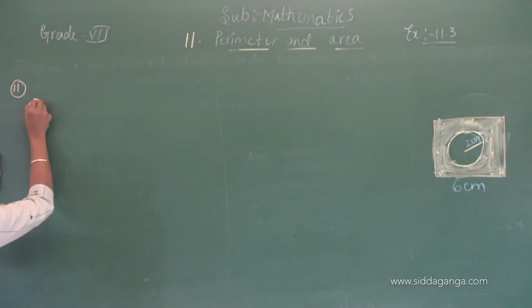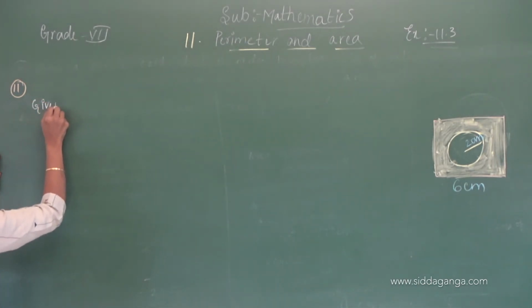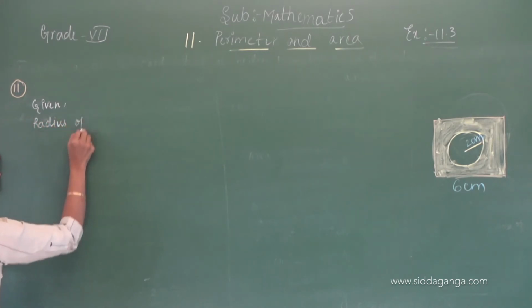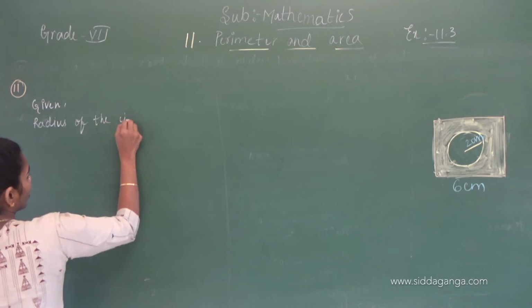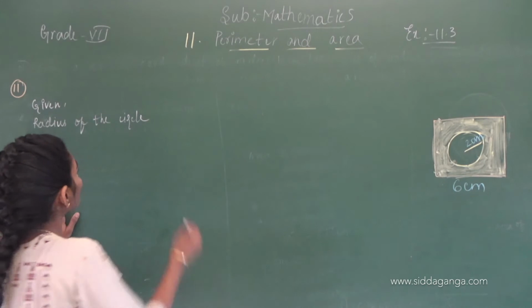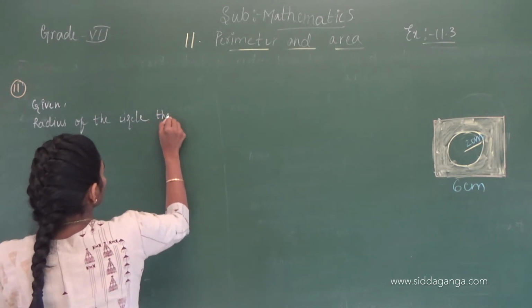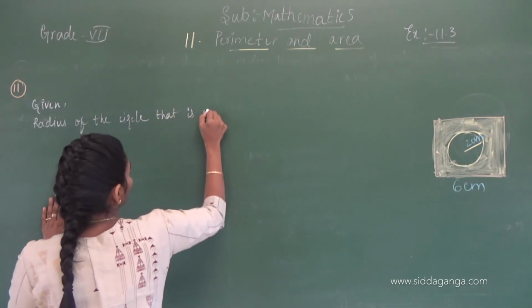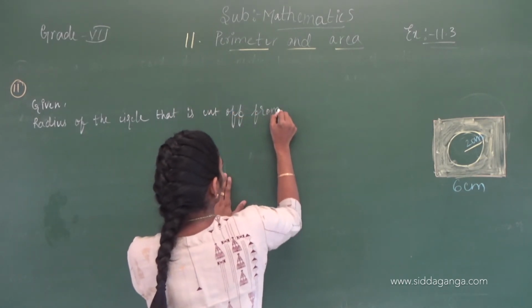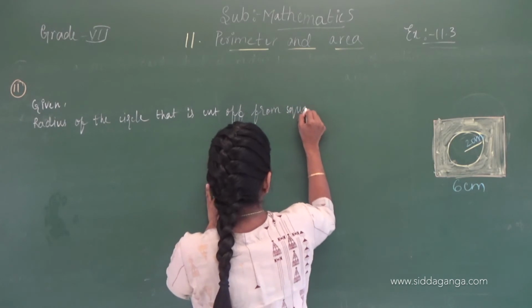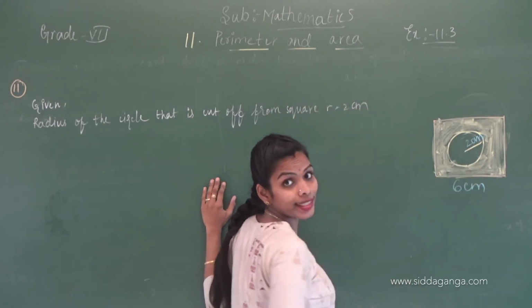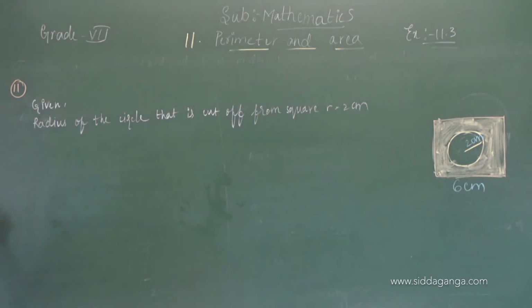Given: radius of the circle that is cut off from the square, r equals 2 centimeters.